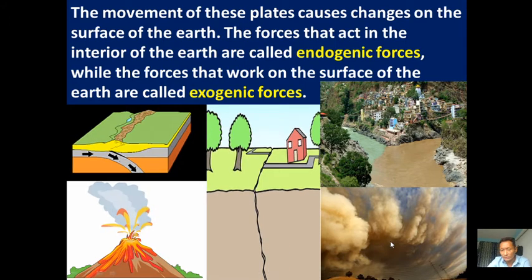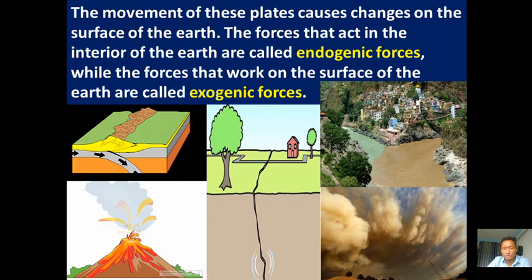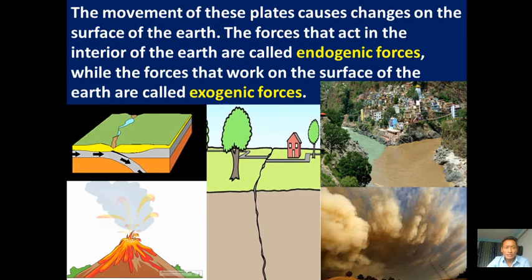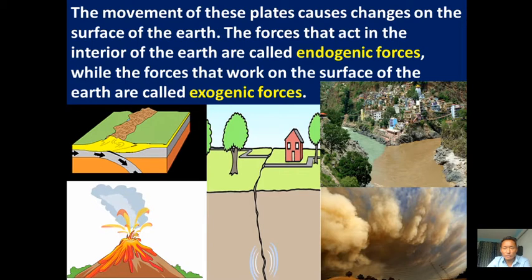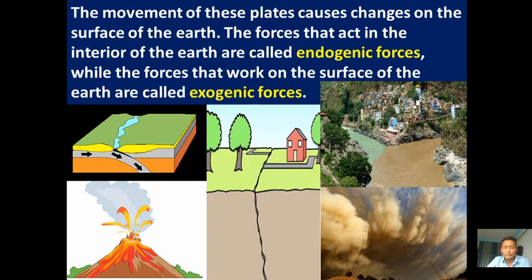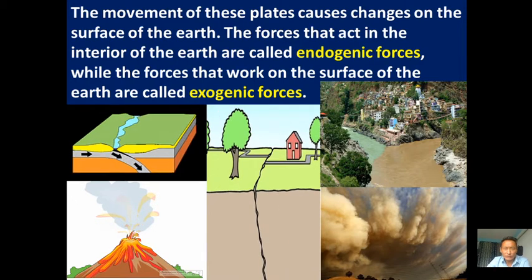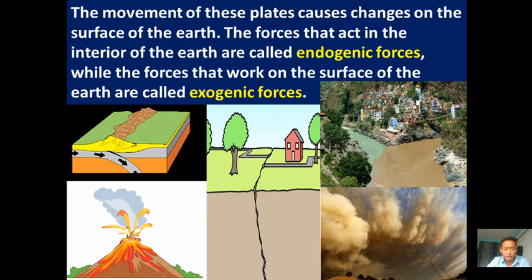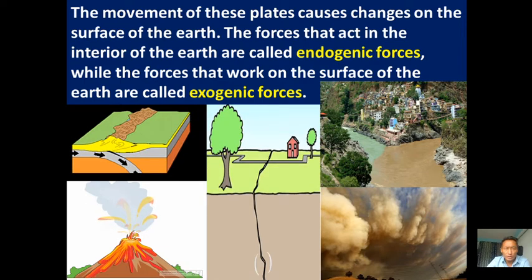So again, the work of wind is also making changes on the surface of our Earth. So these are some of the diagram-based or image-based identifications of examples of endogenic forces and exogenic forces, which are making changes on the surface of our Earth.